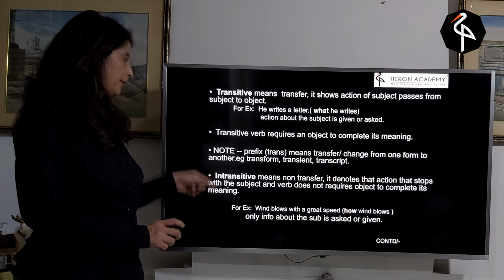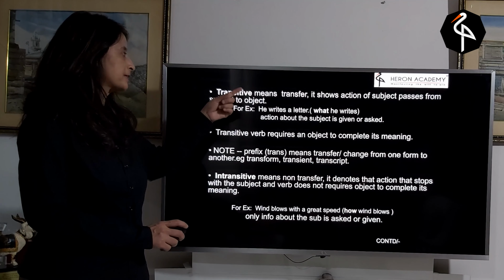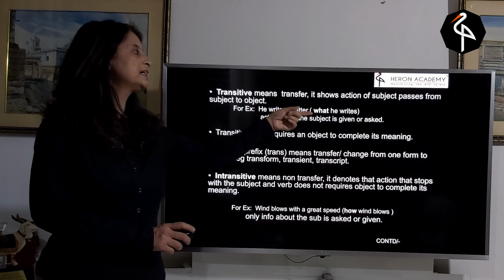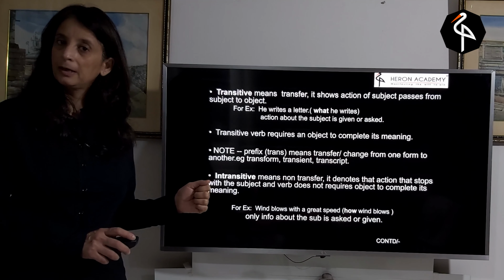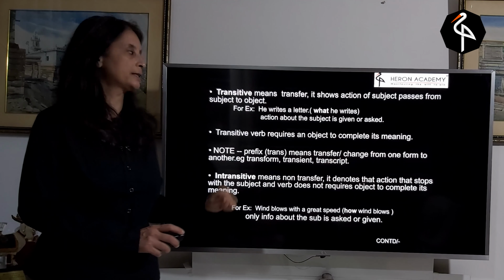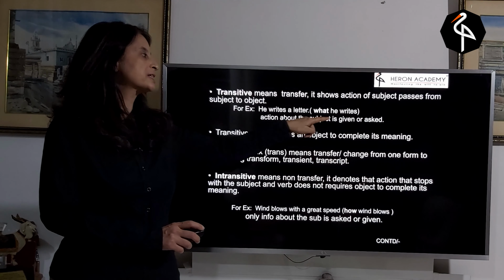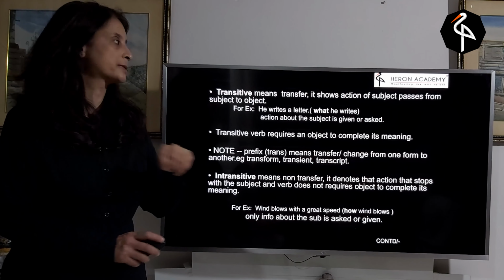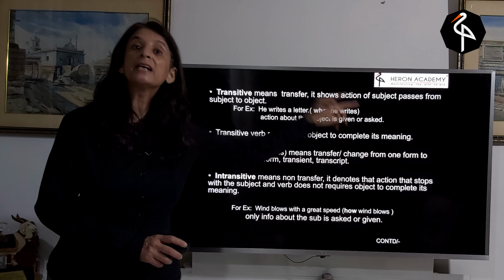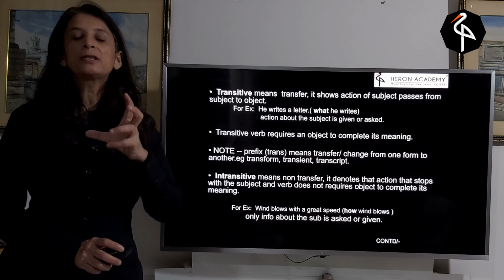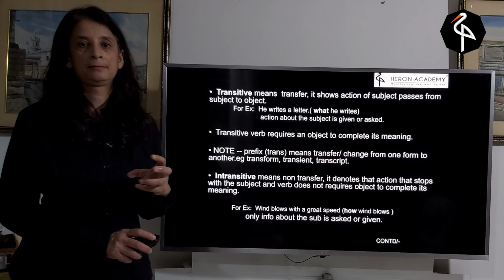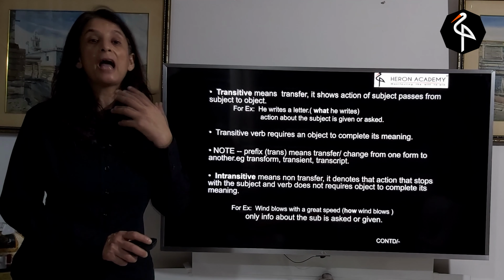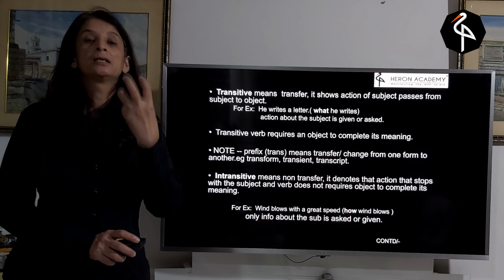For example of a transitive verb, if I give you: he writes a letter. Now, an action about the subject is given or asked, meaning what he writes. That means what the subject does, what action the subject does.